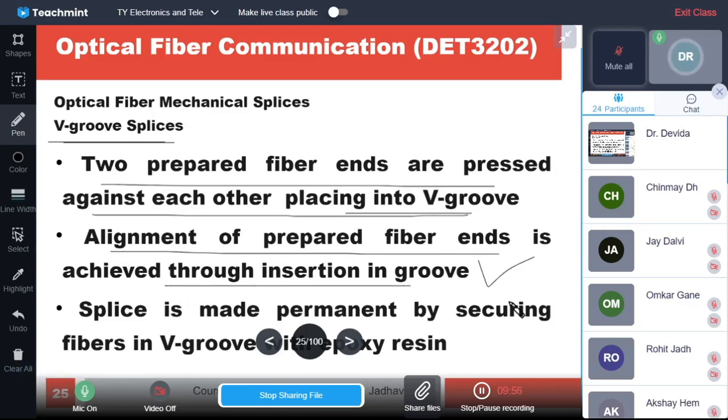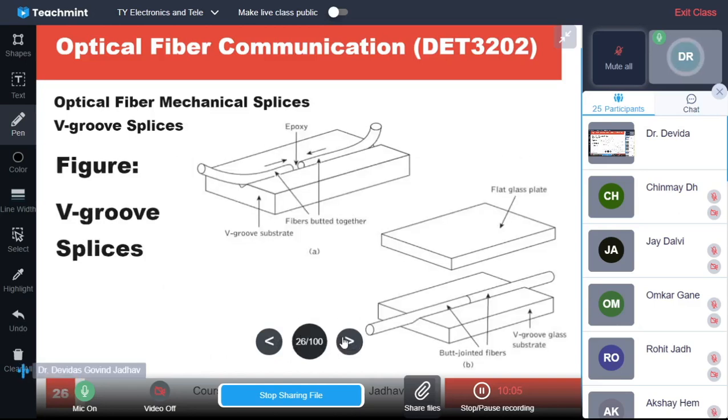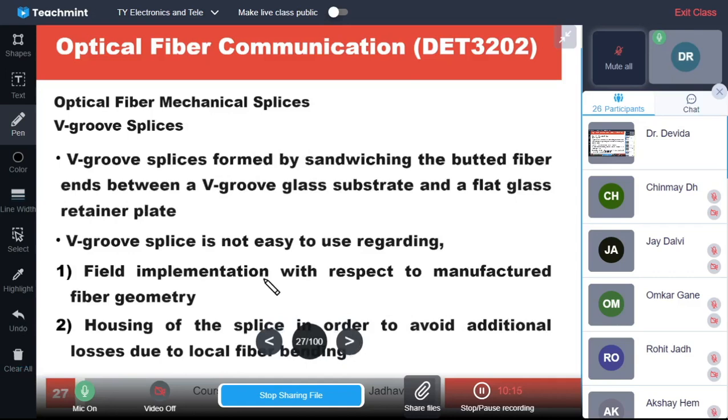The groove itself is very highly machined, so whenever the fibers are placed in the groove, they are automatically aligned, and this is permanently joined. The fibers are butted together in the V-groove, and a flat glass plate is pressed against the V-groove plate, so the butted fibers are sandwiched in the V-groove.